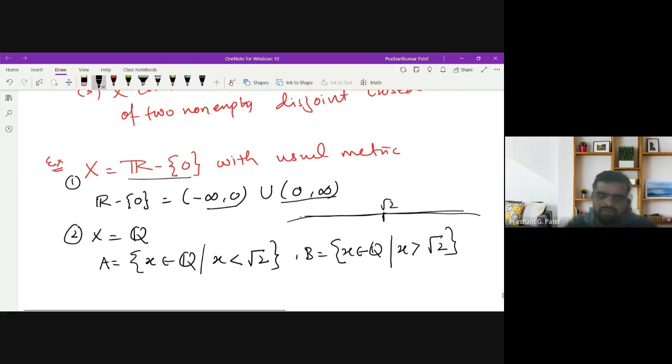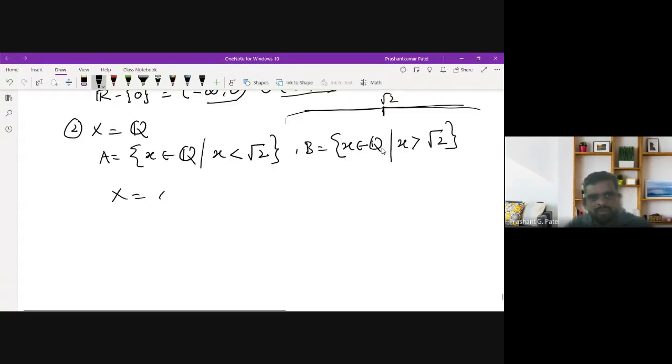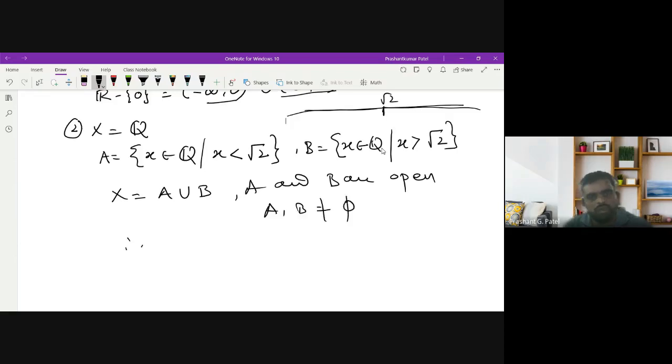Both of them are open sets, which you can prove easily. X is a union of both, A and B are open, and A and B are non-empty. Therefore X is disconnected.